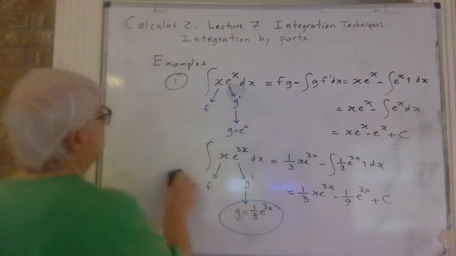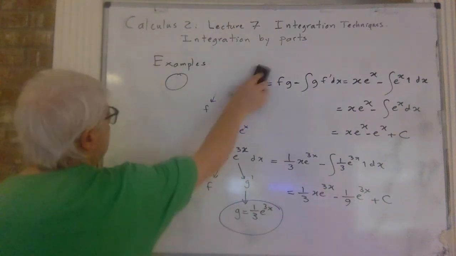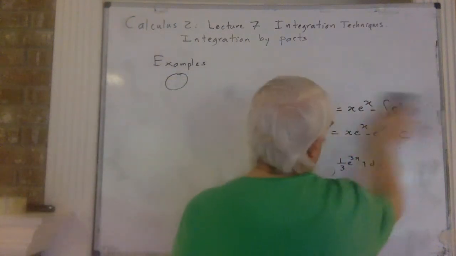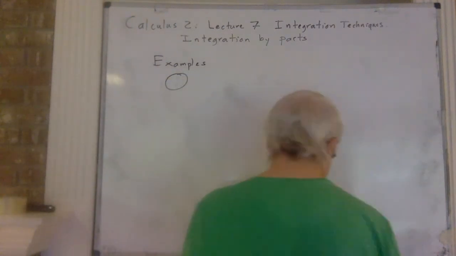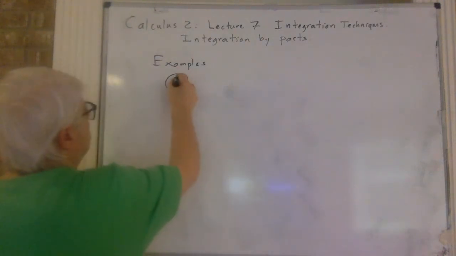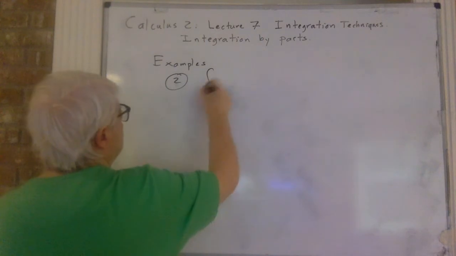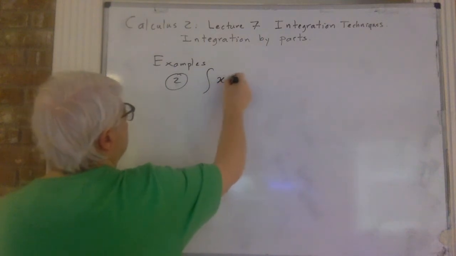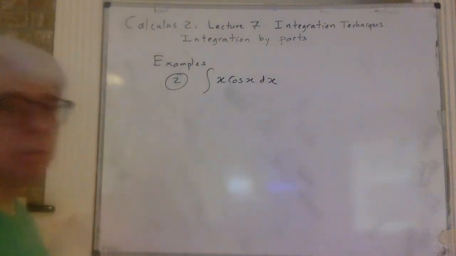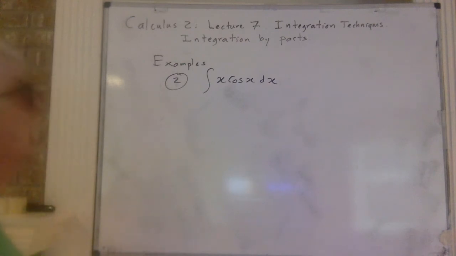Okay, so let me write another one. So that was one of the most important integrals that you can use integration by parts to solve. The other important one is simply x cosine x dx. E to the power x and cosine x and sine x are quite related, so maybe at some point I will give you some formulas relating them.